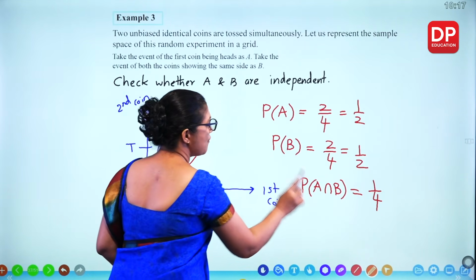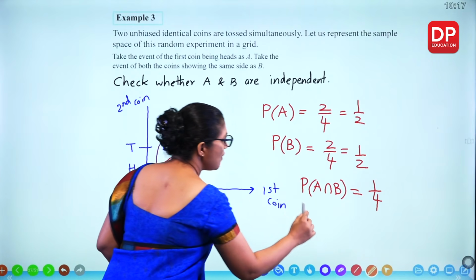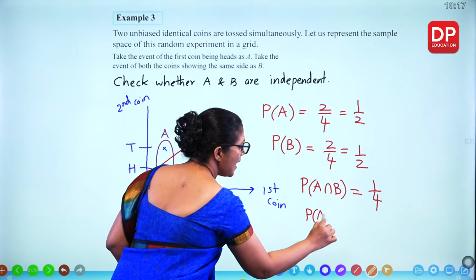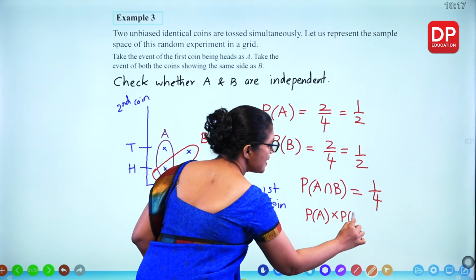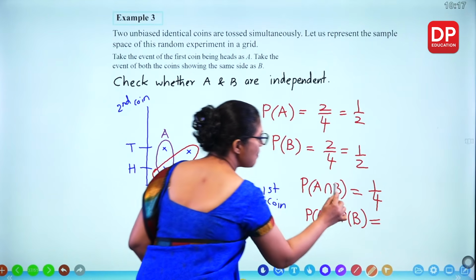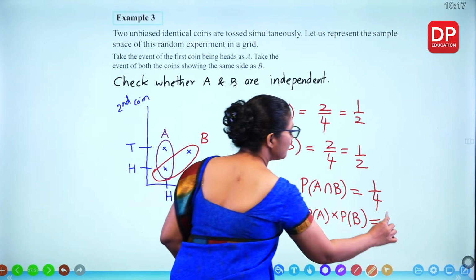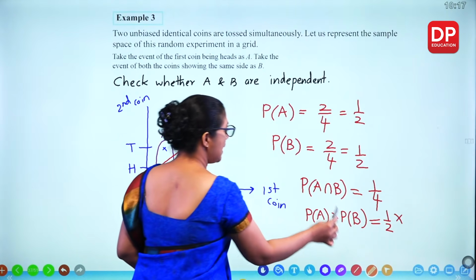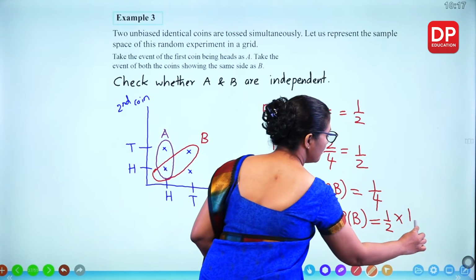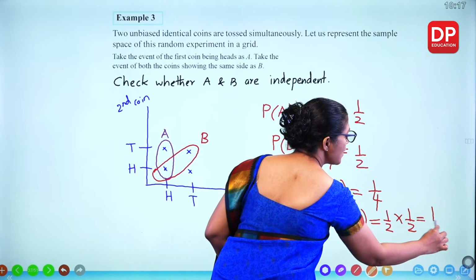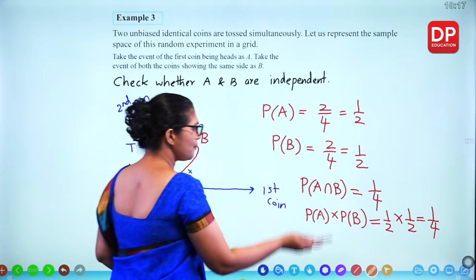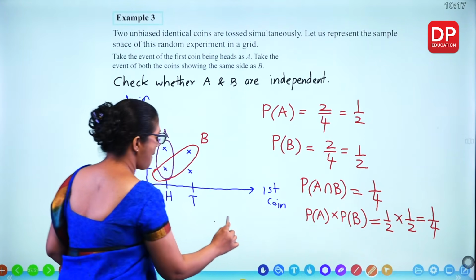Now left hand side is this. We want to multiply P(A) and P(B) and see whether you are getting the same as the intersecting value. P(A) is half and P(B) is also half. Half times half, you get 1/4. Now what can you say?